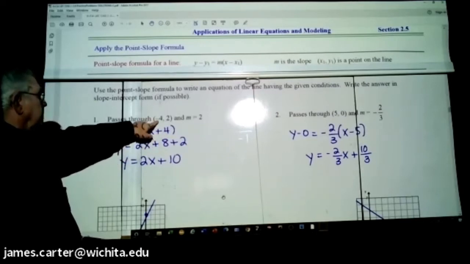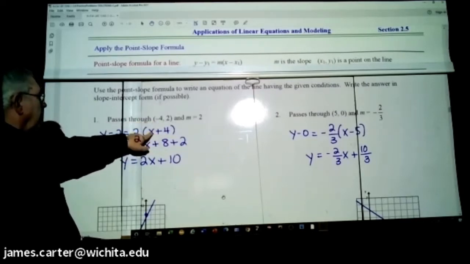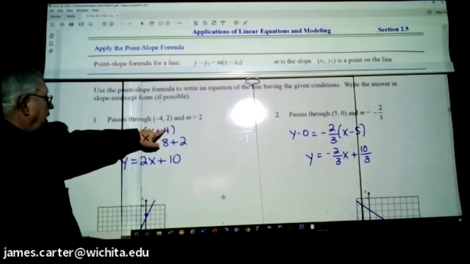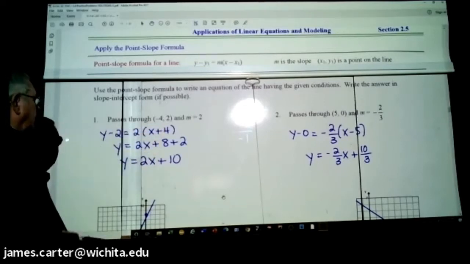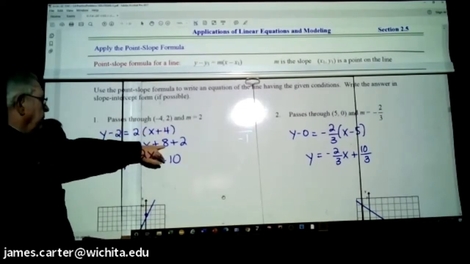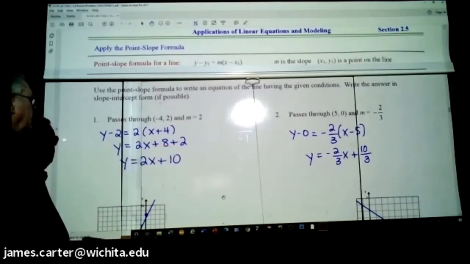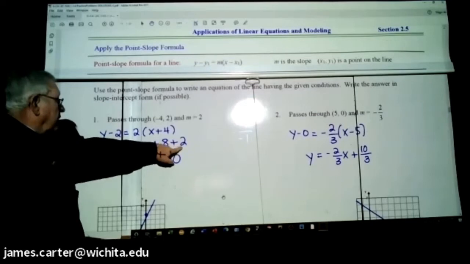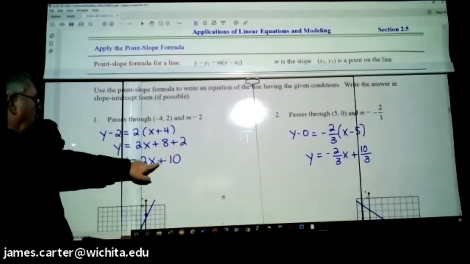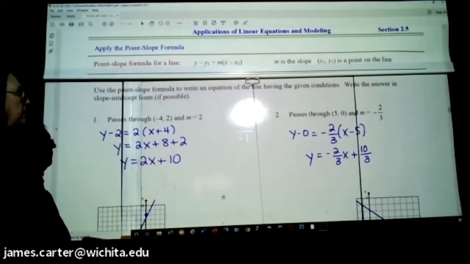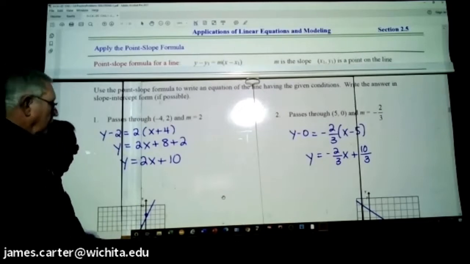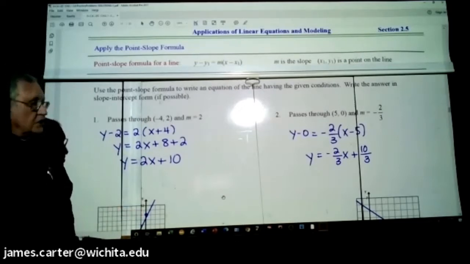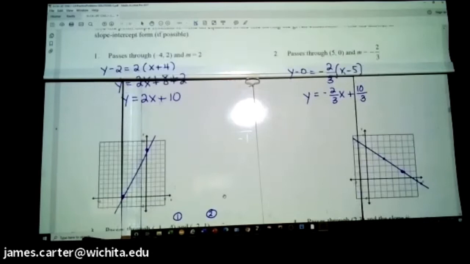Since this is a minus 4, x minus negative 4 gives us the positive. Here we're just simplifying, we distribute, and we move this 2 over to the other side, and we get y equals 2x plus 10. We'll pull up the graph on that in just a moment. Actually, I'll do it right now.